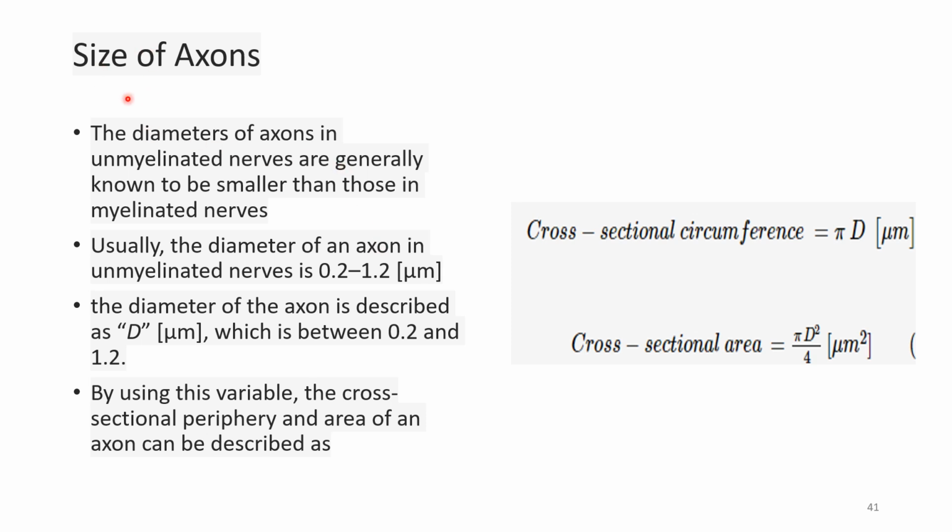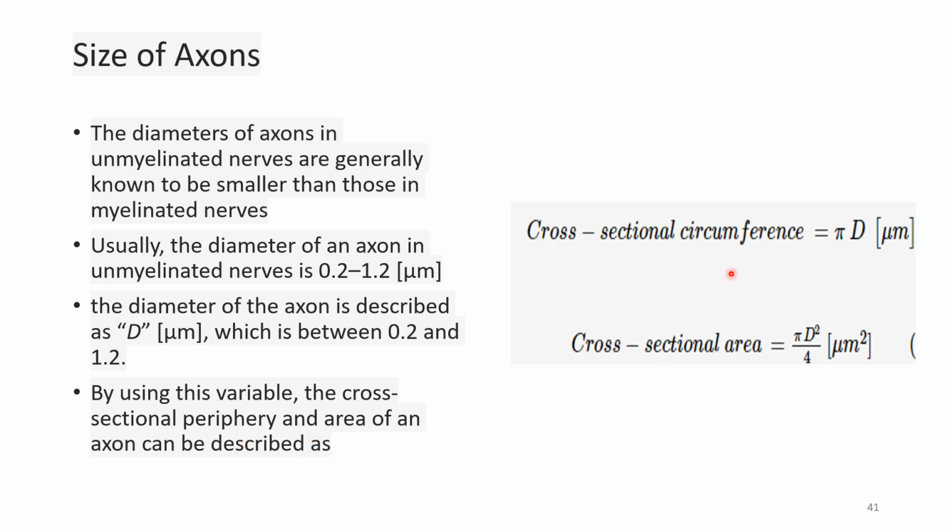Then coming to the size of the axons. In general, the unmyelinated nerve fibers are smaller than the myelinated nerve fibers. Usually, the unmyelinated nerve fibers will be 0.2 to 1.2 microns in diameter.